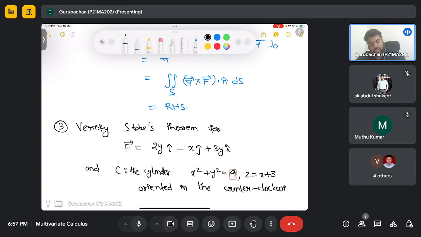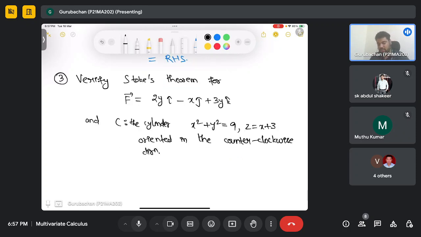What is counterclockwise direction? It is the positive direction. So we have a vector field and we have our C, which consists of x square plus y square equal to 9, and the equation of a plane z equal to x plus 3, and we need to verify Stokes theorem for this particular vector field and this curve C, or you can say cylinder C. So try this one.